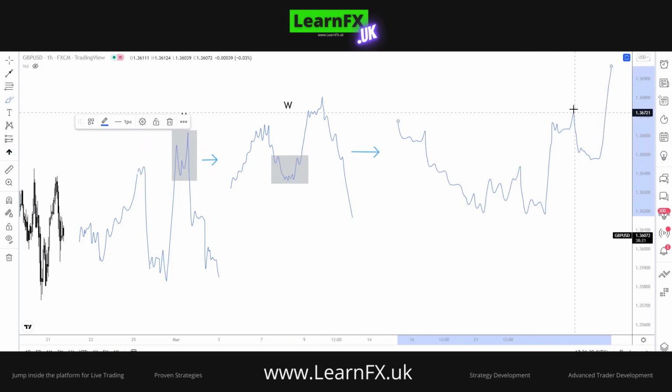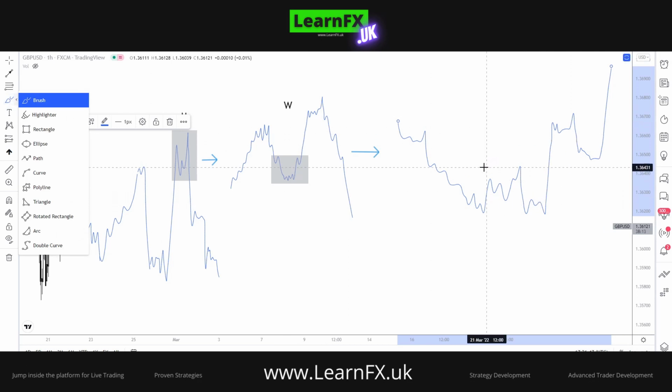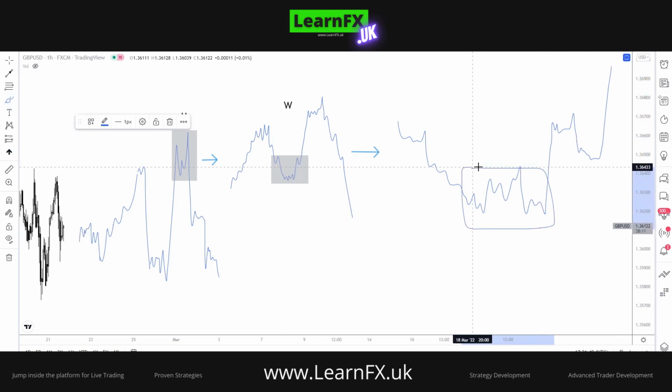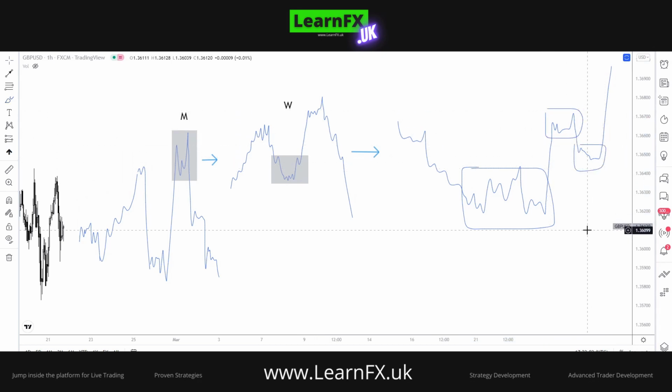Something like this that just looks like a pullback on the weekly, if we look on the hourly time frame, we've actually got a larger area of distribution, but these swing points that just look like swing points on the weekly are actually going to be a markup, a distribution phase, and an accumulation phase.